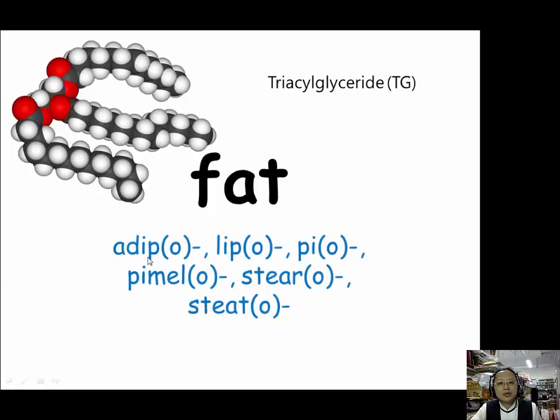We have 6 prefixes to learn for fat: adipo, A-D-I-P-O, lipo, L-I-P-O, pio, P-I-O, pimelo, P-I-M-E-L-O, stearo, S-T-E-A-R-O, and steato, S-T-E-A-T-O. Let's see our examples.